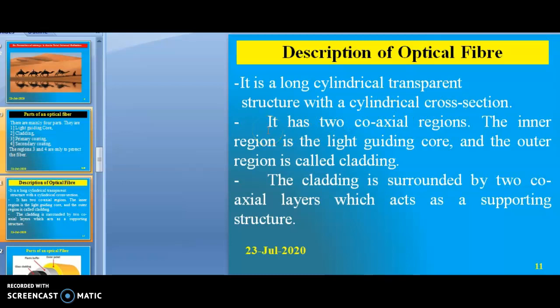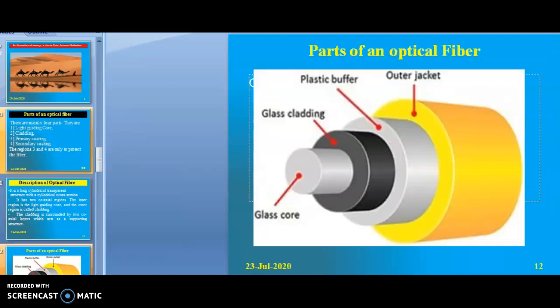The inner region is the light guiding core and the outer region is cladding. The cladding is surrounded by two coaxial layers which act as a supporting structure to protect the core and cladding.